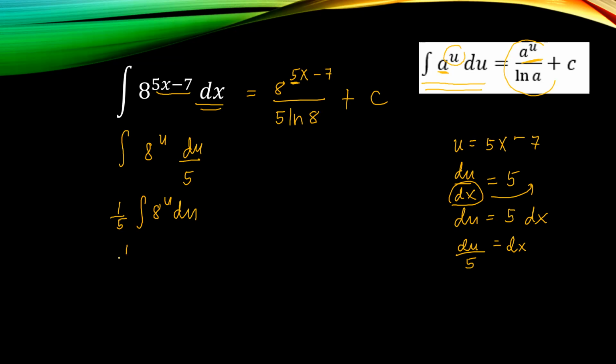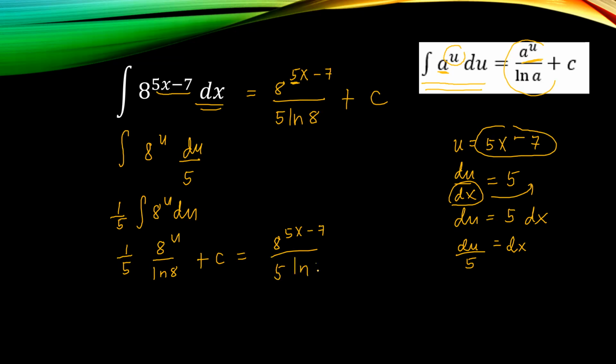So we have 1/5, and then following the formula, we have 8 to the u over ln of 8. But then again, we're reminded that our u is equal to this expression for the original variable. So we have 8 raised to 5x minus 7 all over 5 ln of 8 plus the constant of integration c. So this becomes our final answer.